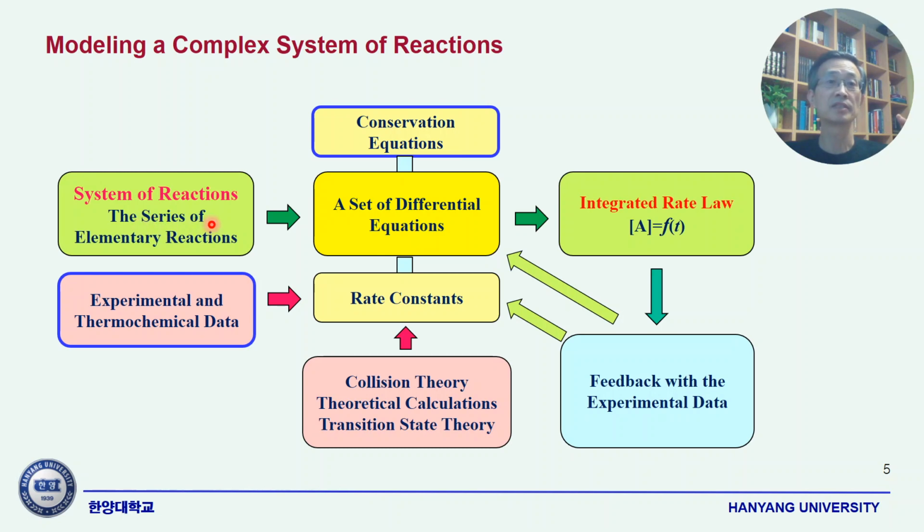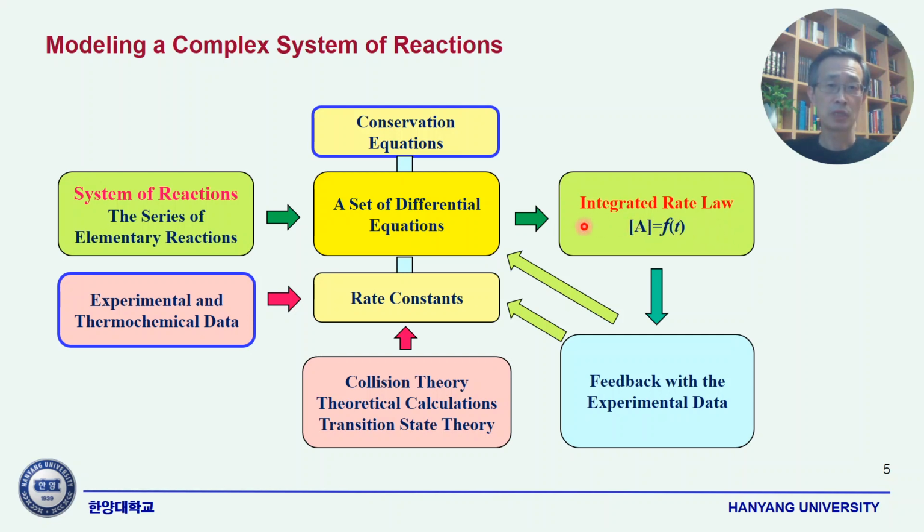The mechanism was a series of elementary steps, but here we have elementary reactions, so reactions may involve more steps inside. And then we have a set of differential equations, and we also have to incorporate the conservation equation for the stoichiometry relationship, and then that is integrated to yield the concentration as a function of time.